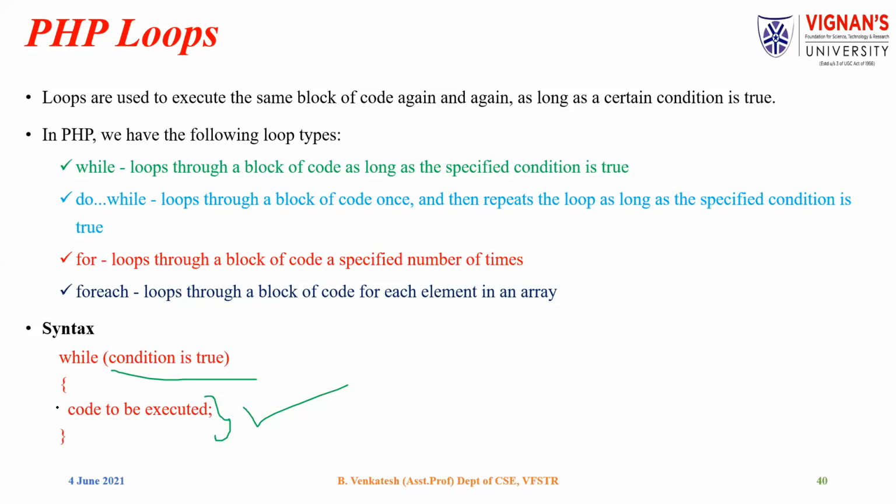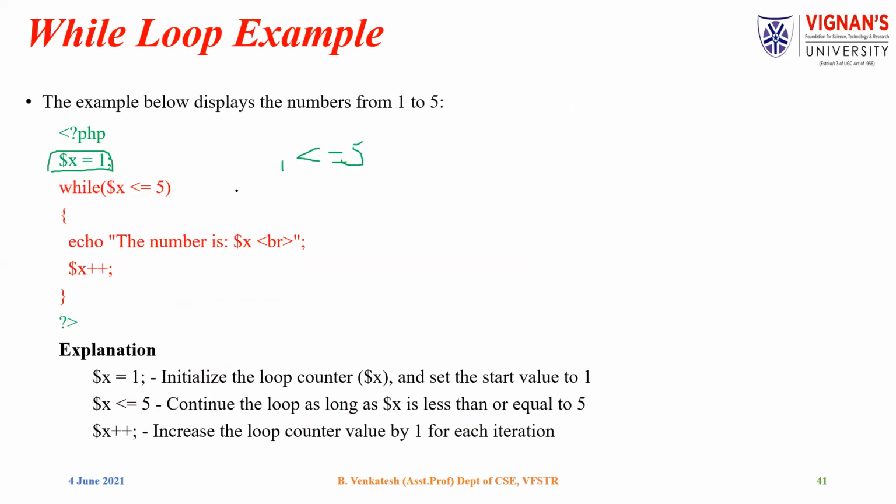So the example here is we are declaring one variable as x equal to 1. If x is less than or equal to 5, we need to execute the loop, until x becomes greater than 5. That is when we need to stop the execution, when the condition is false.